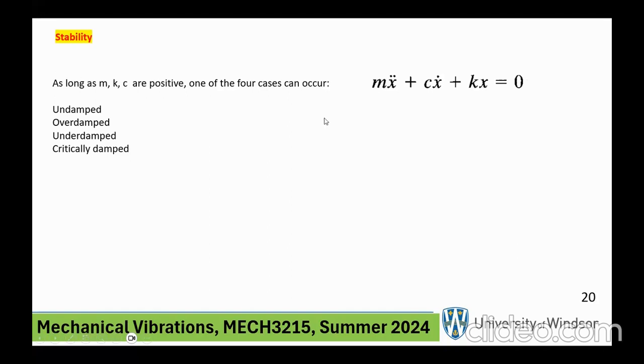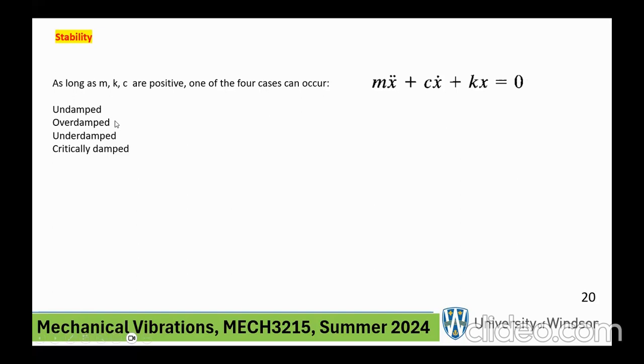Overdamped means that the damping ratio zeta, which comes from these parameters, is damping C divided by 2 square root of Km. Remember that? If that damping ratio is bigger than 1, it's an overdamped situation.